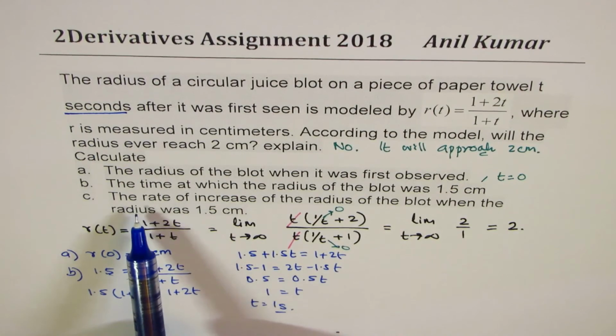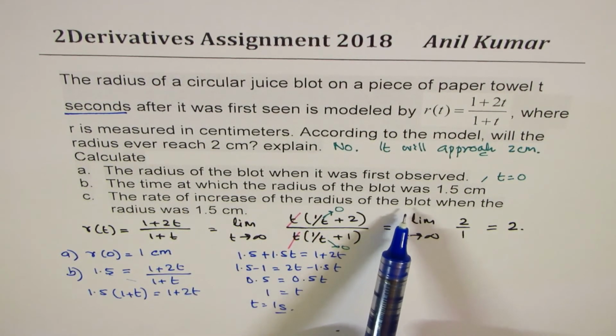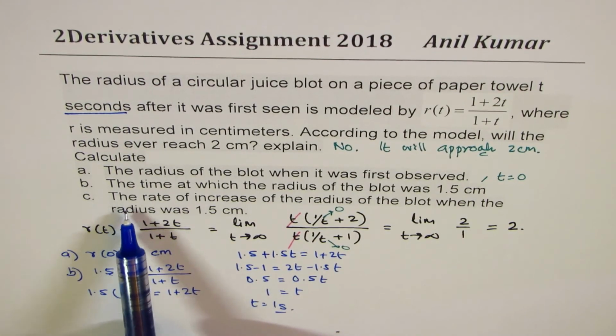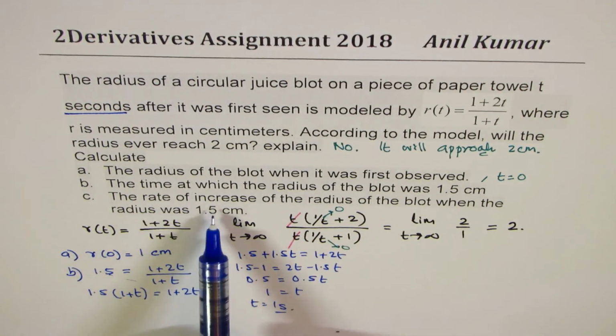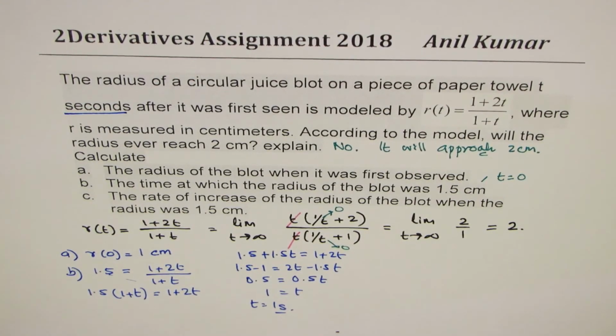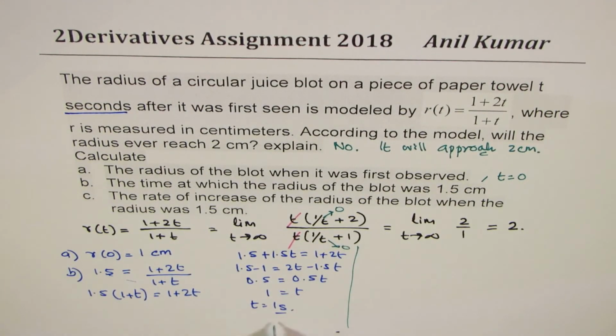Part C is the rate of increase of the radius of the blot when the radius is 1.5. So now you have to find the derivative of the function and then substitute time as 1 second, since we know time is 1 second for this situation.